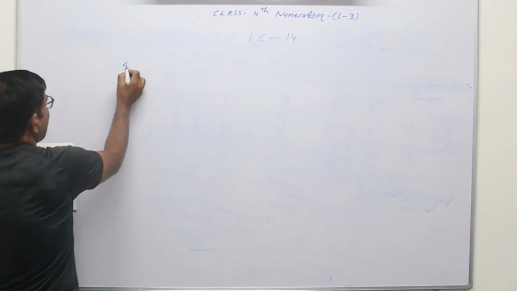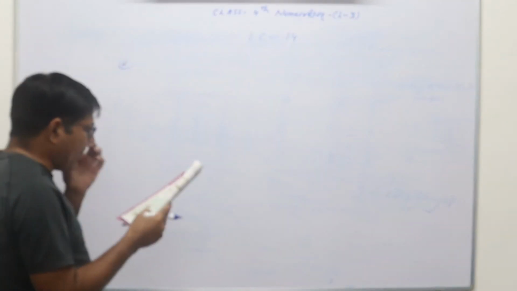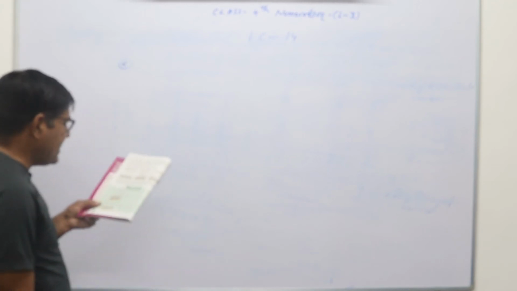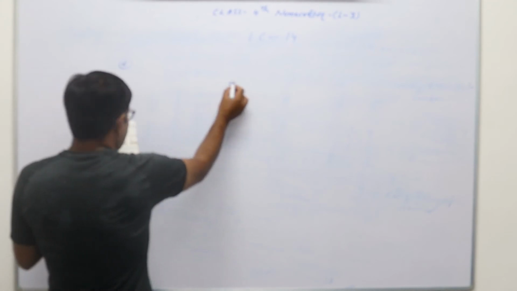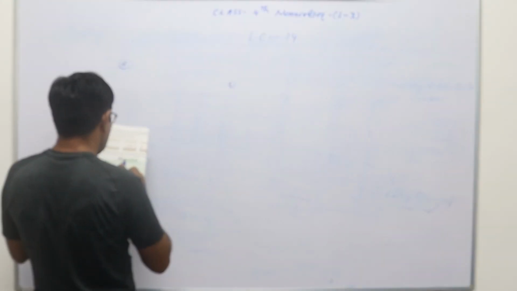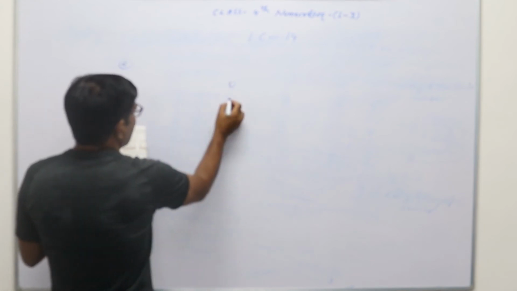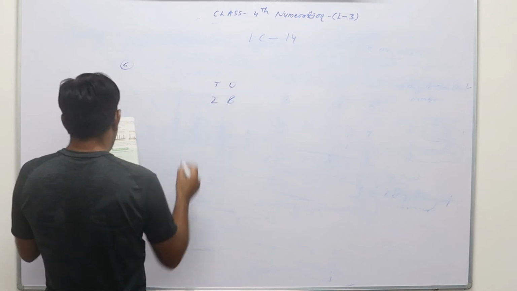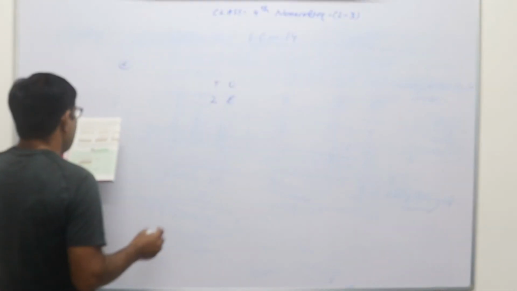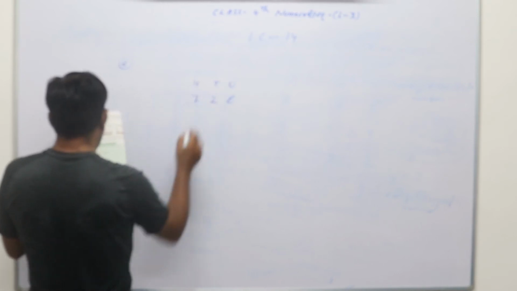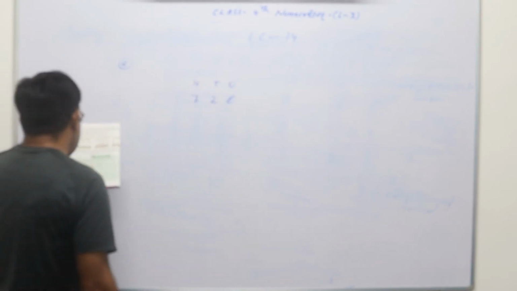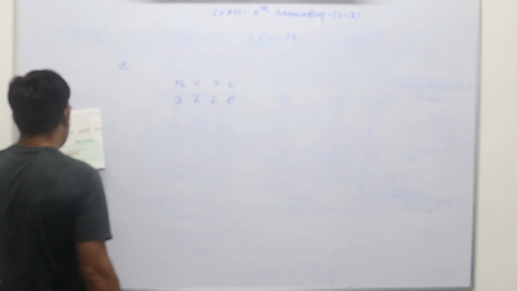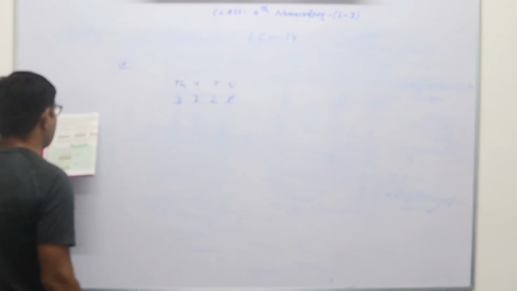So first question A is given, represented on the abacus. The number of beads at ones place is 8. At tens are 2. At hundreds place is 7. The number of beads at thousands place are 3. Number of beads at ten thousands place are 6.